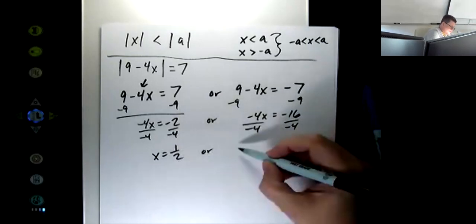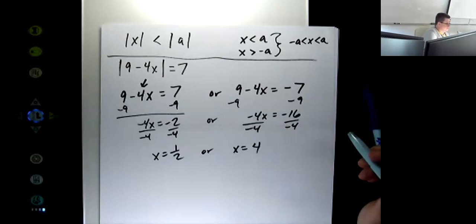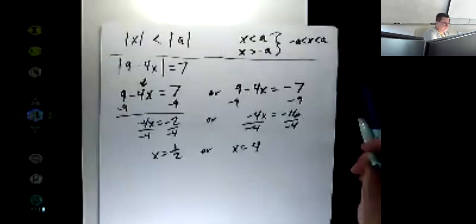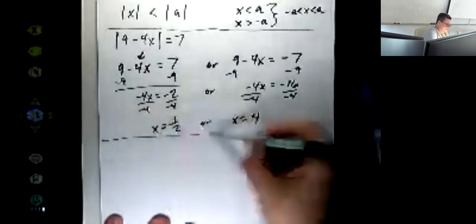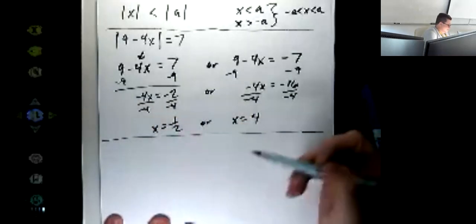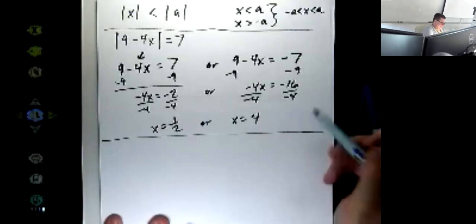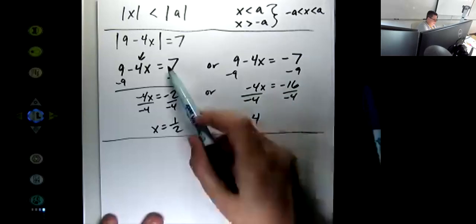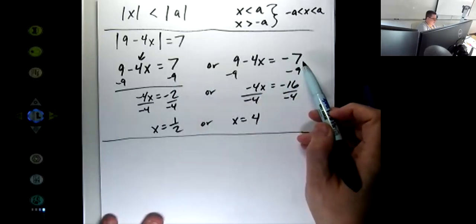So x equals 1/2 or x equals 4. So that's the key to these absolute values. We keep one the same and we change the sign on the other. If there's an inequality, we flip the inequality as well.